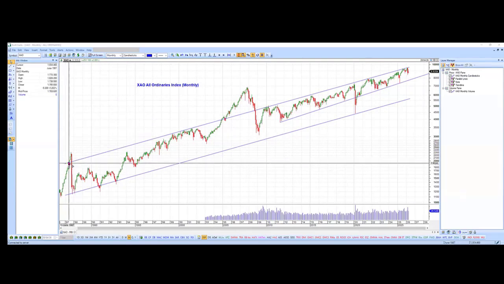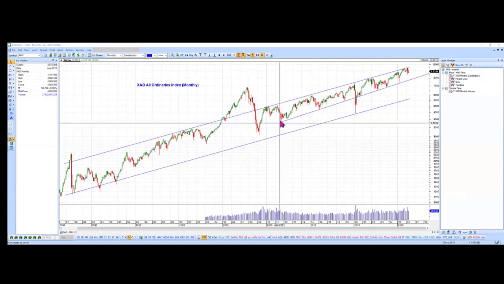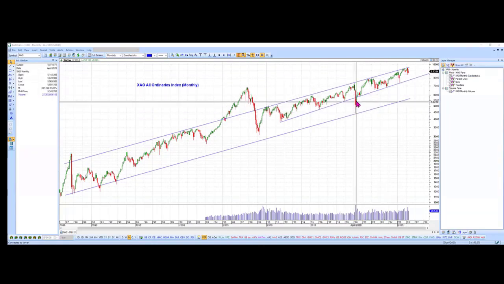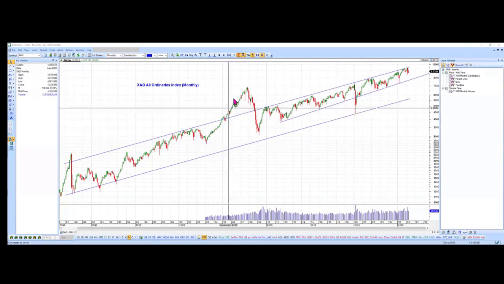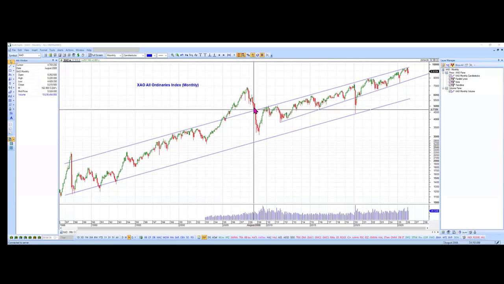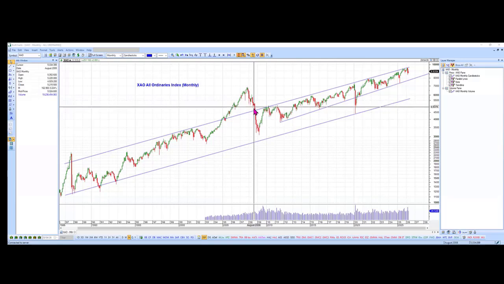The original band I was looking at were these two lines. But then I thought, maybe the bottom one. I know there's a couple of drop throughs here. Certainly in the early 2000s, I think we probably recognised a bit of a bubble occurred.